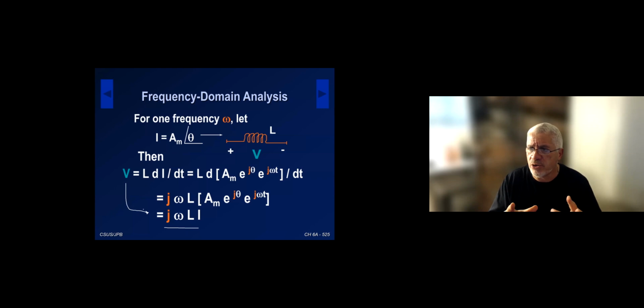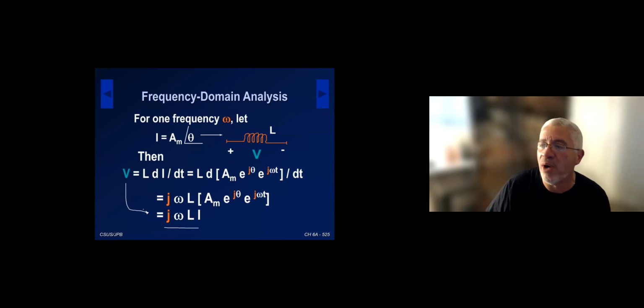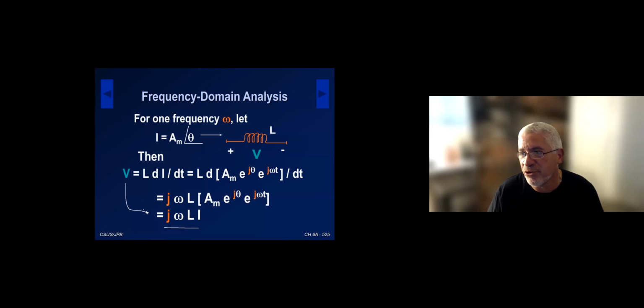Inductors are not resistors, all right? But the relationship between the phasor current and the phasor voltage is a scalar relationship. Phasor voltage is equal to j times omega times L times the phasor current. That's going to be powerful in helping us solve circuits with inductors without the use of differential equations. Okay, that's the reason why we do this conversion to the phasor format.